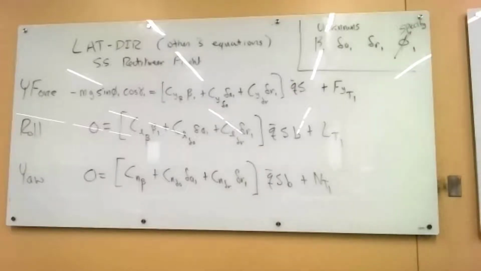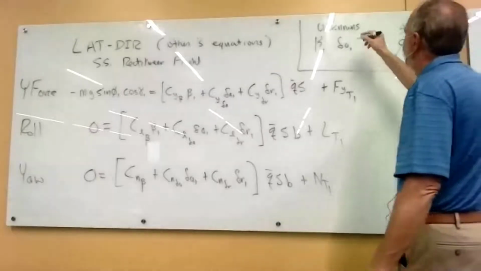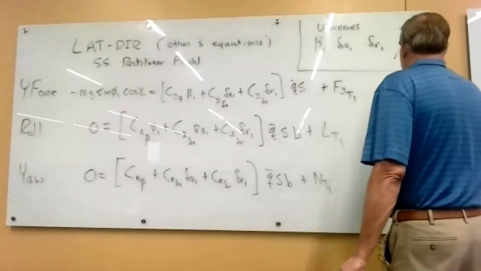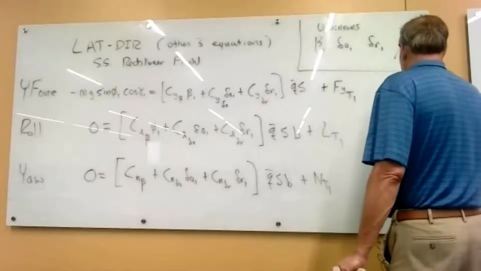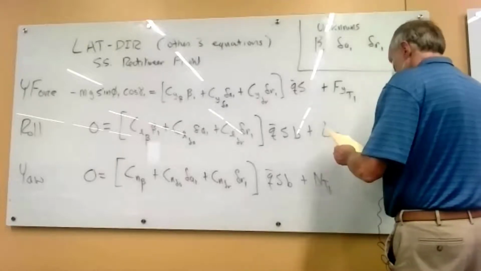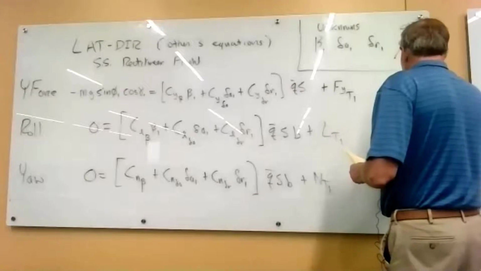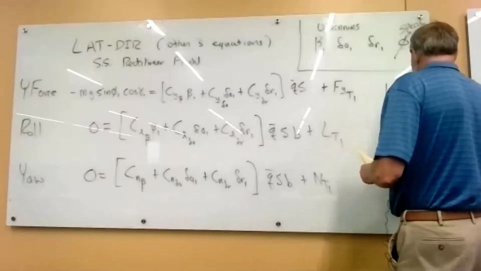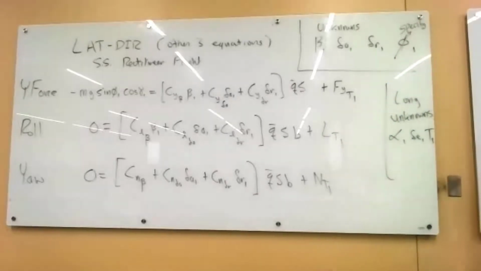We'll be banked at 5 degrees, 10 degrees, whatever. And we're going to solve it from there. So these are the lateral directional unknowns. And the longitudinal unknowns, remember, were alpha, elevator, and thrust. And that was the other trim solution.